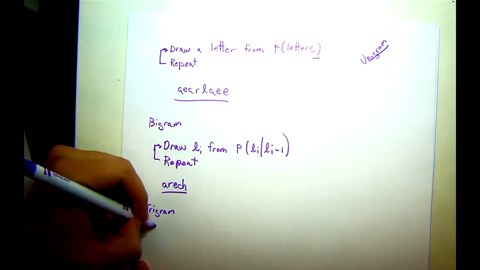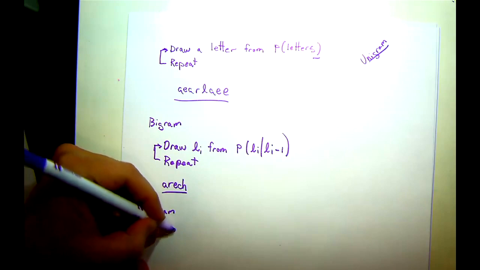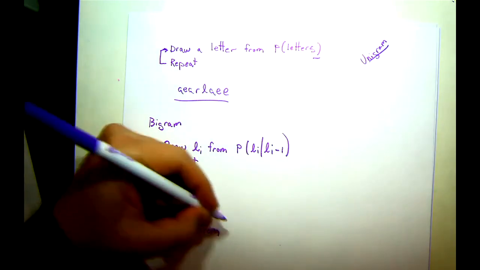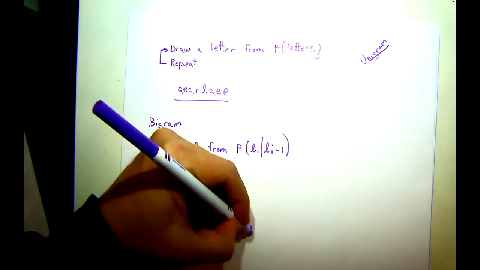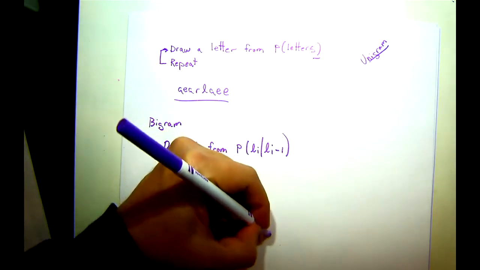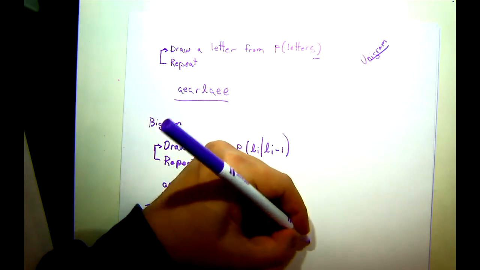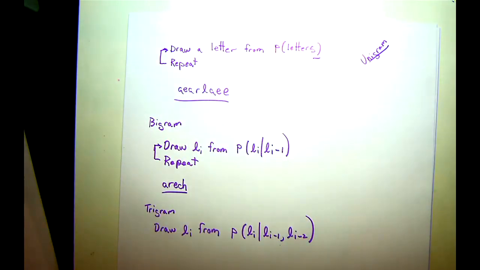And a trigram model is what you would expect. You're going to draw Li given Li minus 1 and Li minus 2. If you did that, now you're going to start getting words that look a lot like English words.